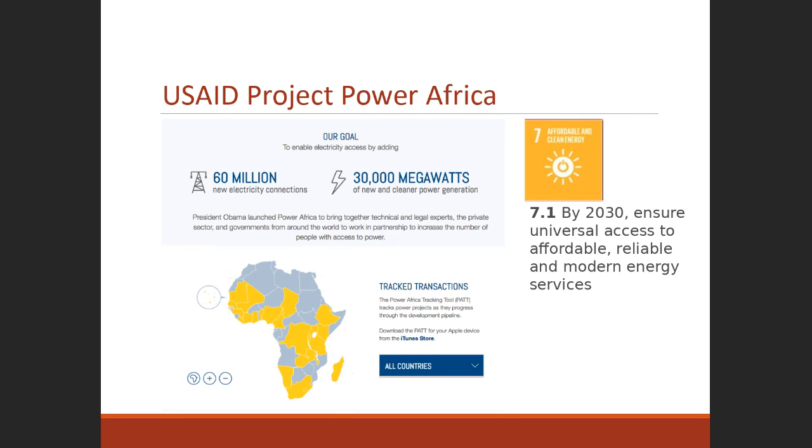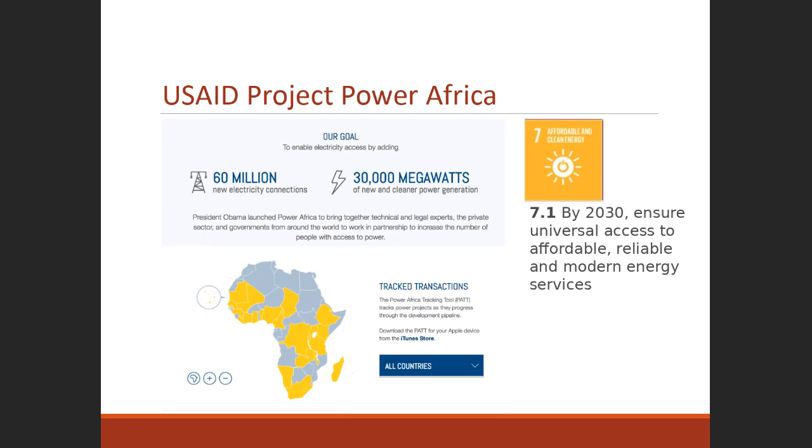So USAID has generated quite a lot of investment in the countries highlighted in yellow on the map, where they have invested in electrical systems and electrical infrastructure, right? So we're talking about towers and substations, but also things like solar towers and solar farms that are very local and can provide energy, say, to a smaller village or rural area.